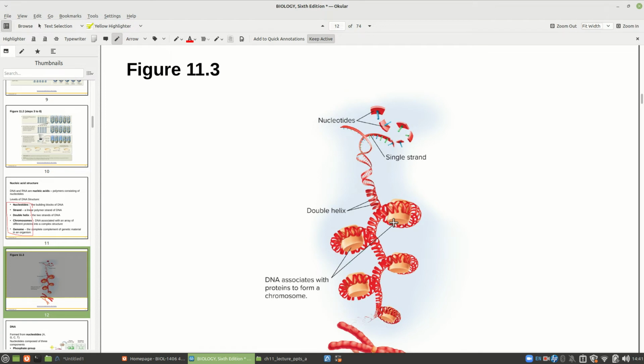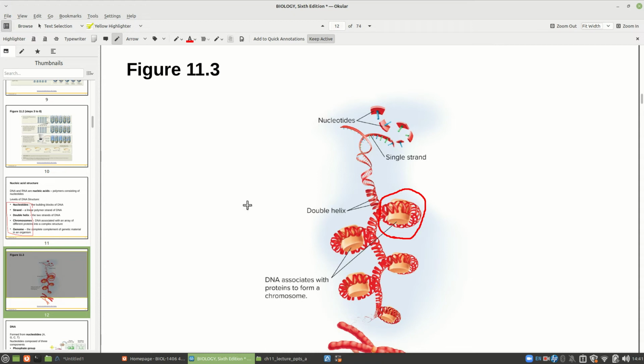But these proteins called histone proteins clump together, and then the DNA will wrap around these histone proteins and form what's called a nucleosome. So this doesn't show it here, but we have DNA wrapped around this cluster of histone proteins. There are actually many of them in the little beige part here. And the DNA wraps around them, and we call that a nucleosome.